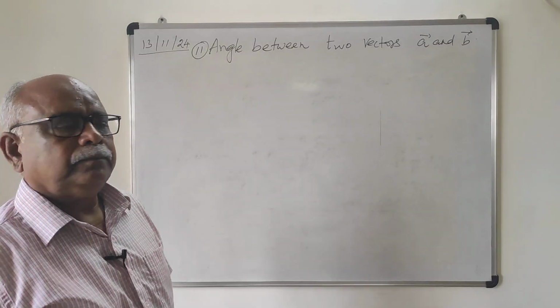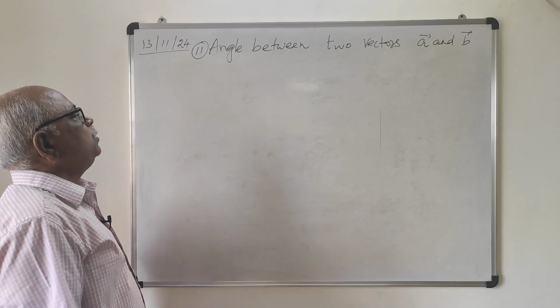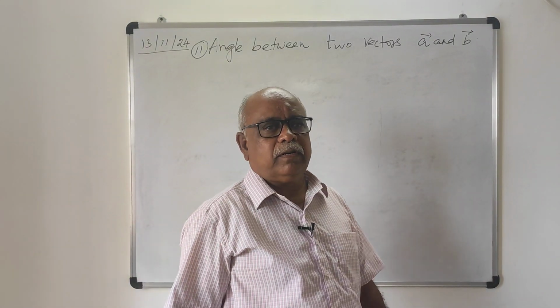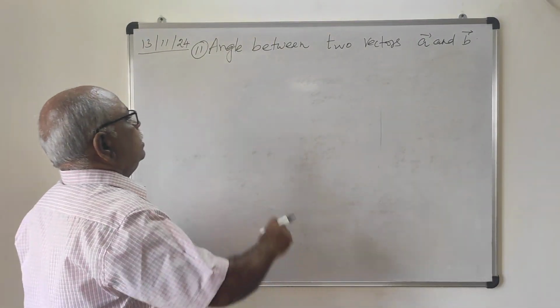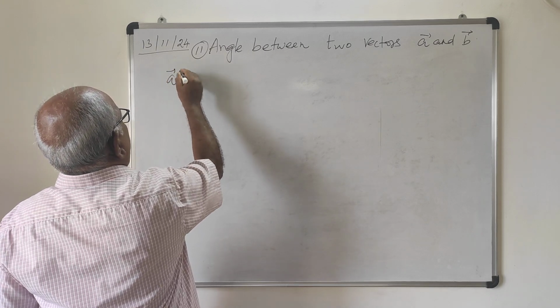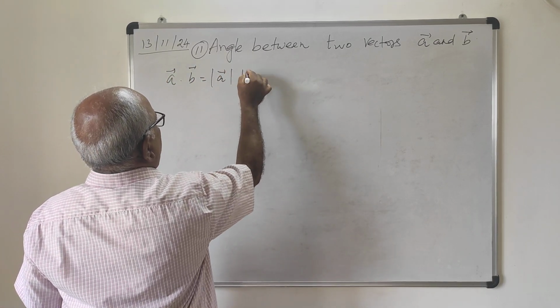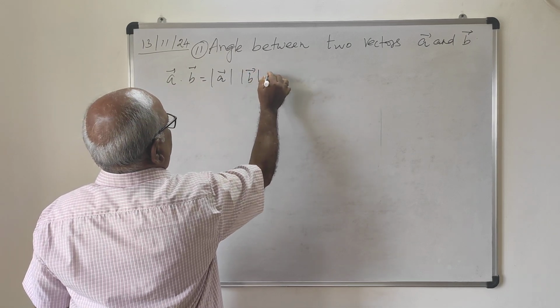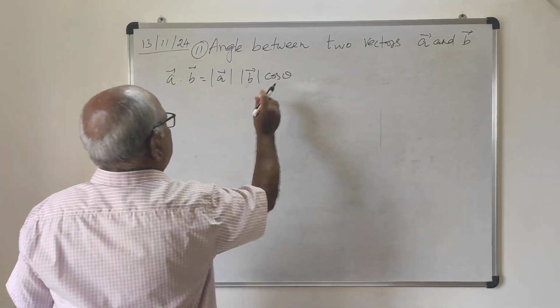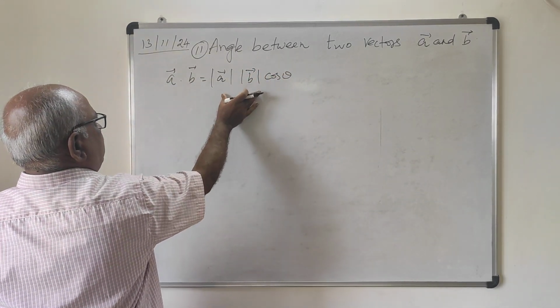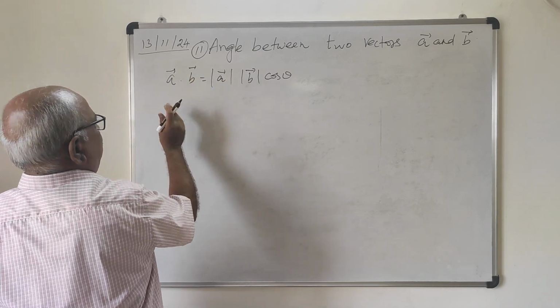Now, the 11th property: the angle between the two vectors A and B. We know that A dot B equals mod of A into modulus of B into cos theta. From this, you bring mod A into mod B to the left hand side.